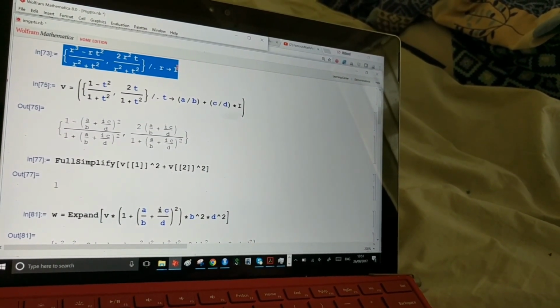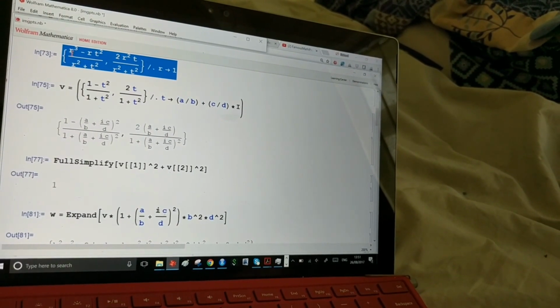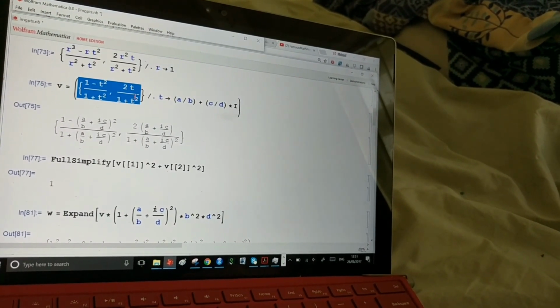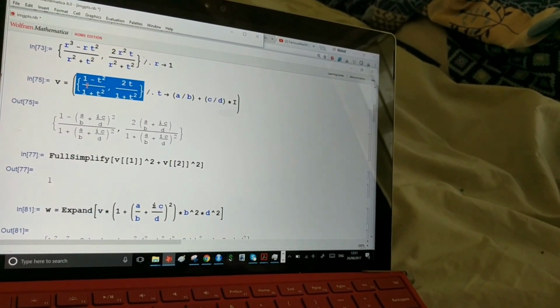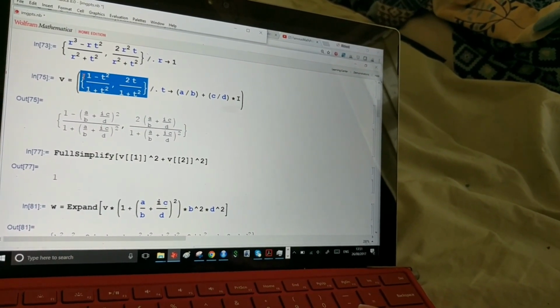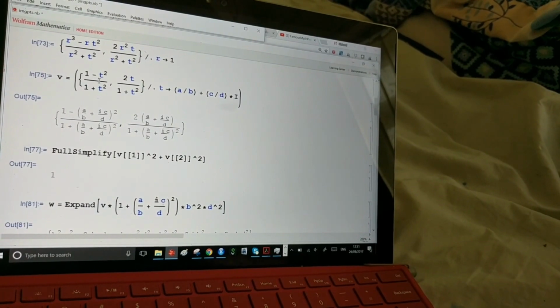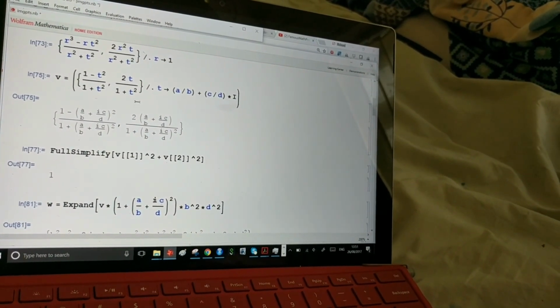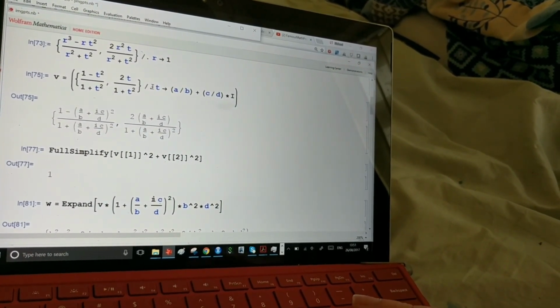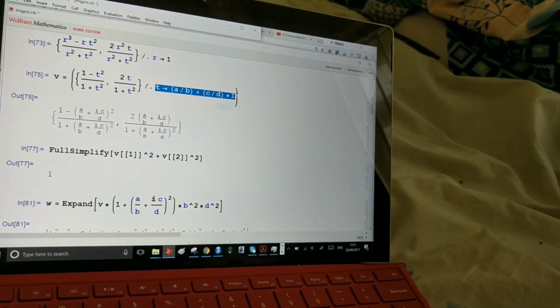take this formula that we derived, set the radius r equal to 1. That gives us this formula. So Mathematica uses curly brackets, but basically this is the x coordinate and this is the y coordinate of x and y on the unit circle. Now we're going to let t be a complex rational number.